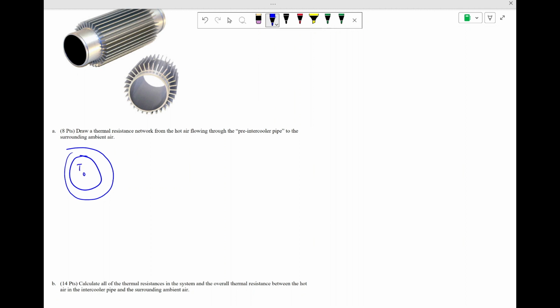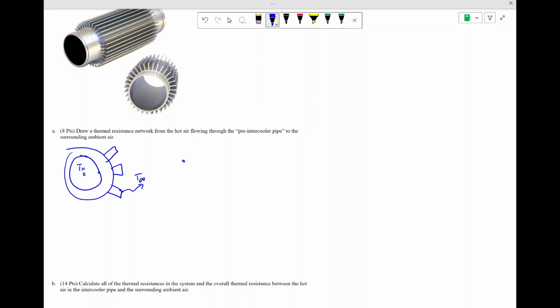So we've got hot air on the inside, the inside of that pipe wall, the outside of the pipe wall, and then these fins that are sticking out radially from this. And from there, there's convection to the ambient. We're calling that T infinity.